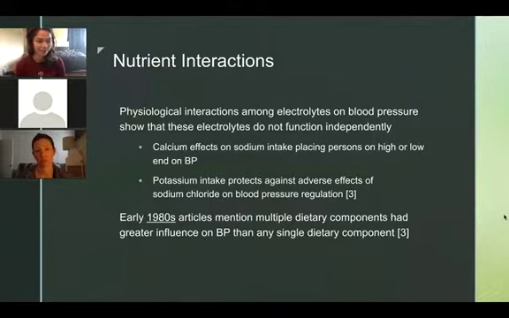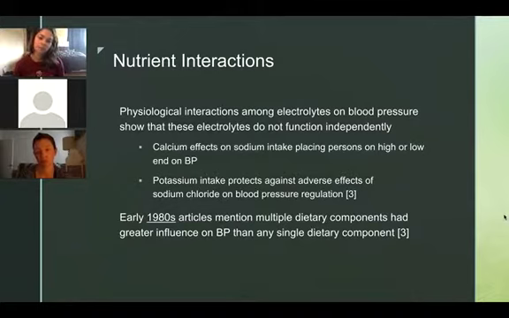I'll talk about the rat study. There was a study done with salt-sensitive rats, and the results showed that being salt-sensitive emerged with disturbances in calcium homeostasis and induced calciuresis, which Devin was talking about earlier, and they wanted to indicate that sodium chloride raises blood pressure.